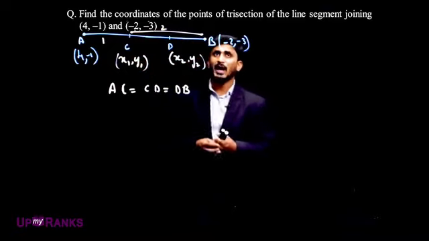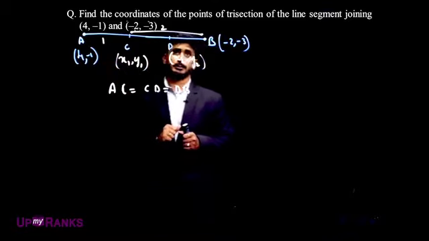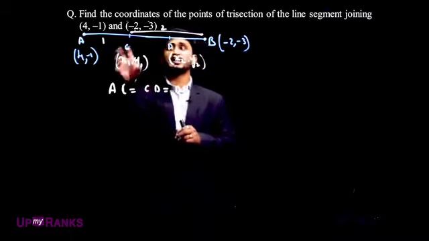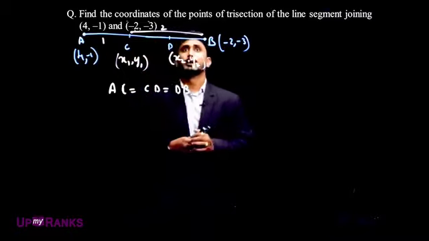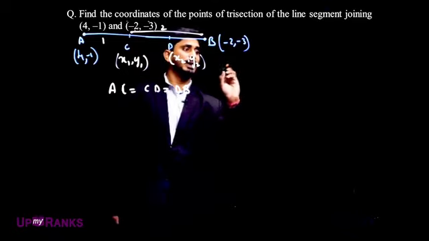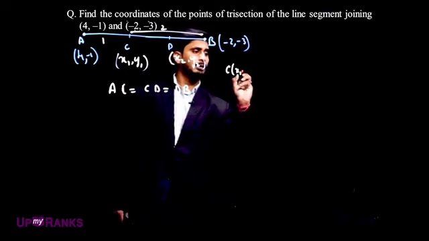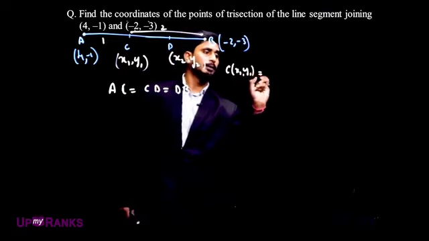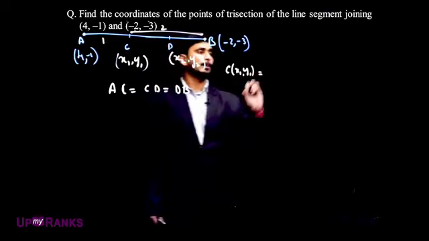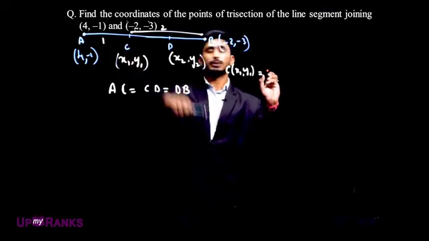So I will consider first AC and BC. Why? Because point C lies between the two points. So I will find C (x1, y1). C is a point wherein the ratio is 1:2.